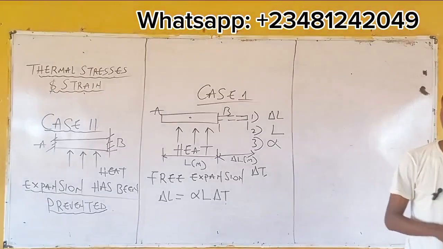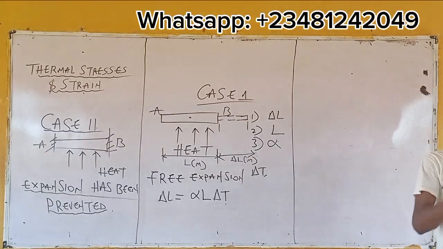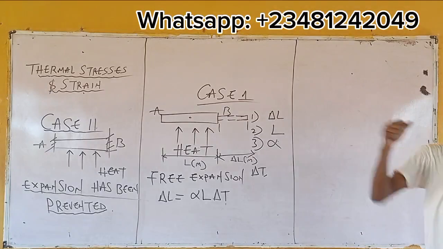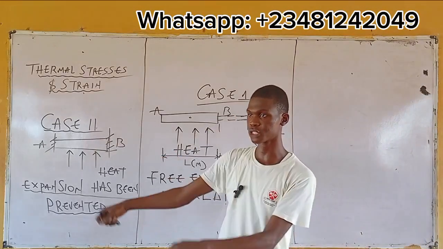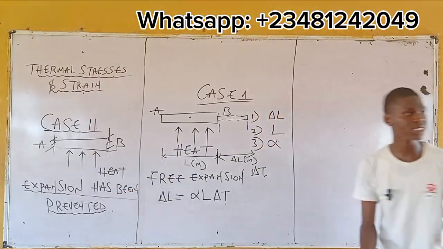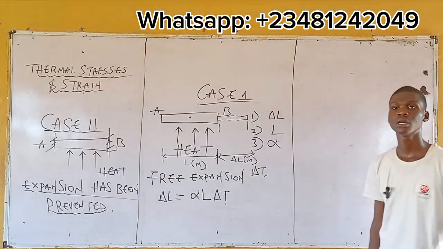Any question so far? No question. We've seen that when a body is subjected to heating, we can have free expansion, prevented expansion, and partially prevented expansion. Now, with all of this, let's start writing our mathematical equations.